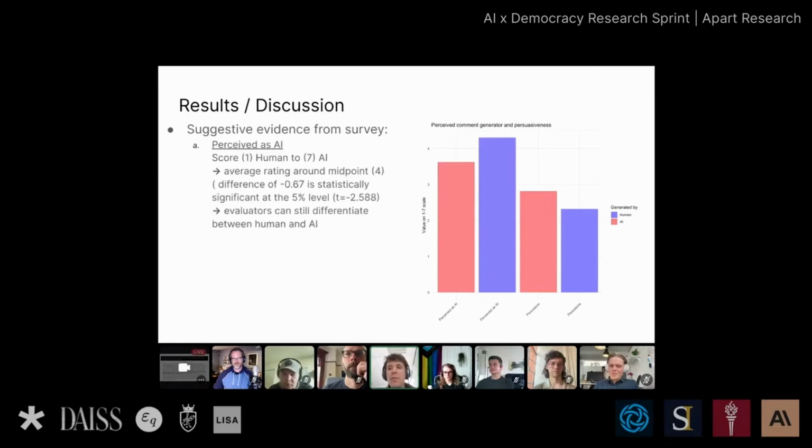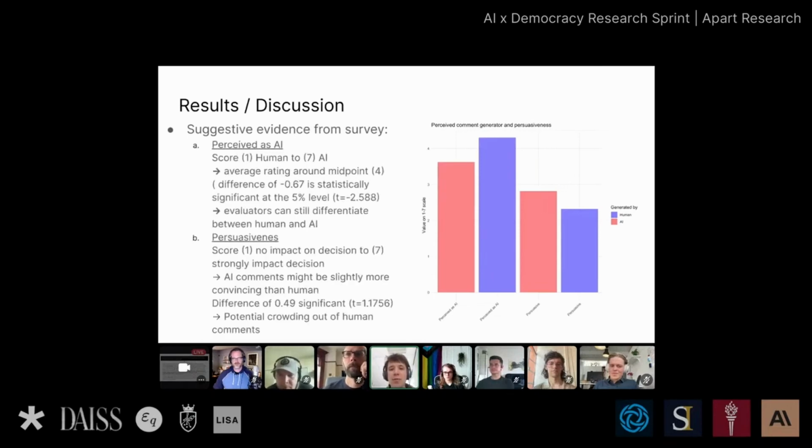So those results should be taken with a lot of caution because it's a very small sample. We only have like 38 people because obviously, hackathon, it takes time to get enough participants. But there is an indication. If you look at the left 2 bars, the midpoint of the scale is 4 between AI and human.